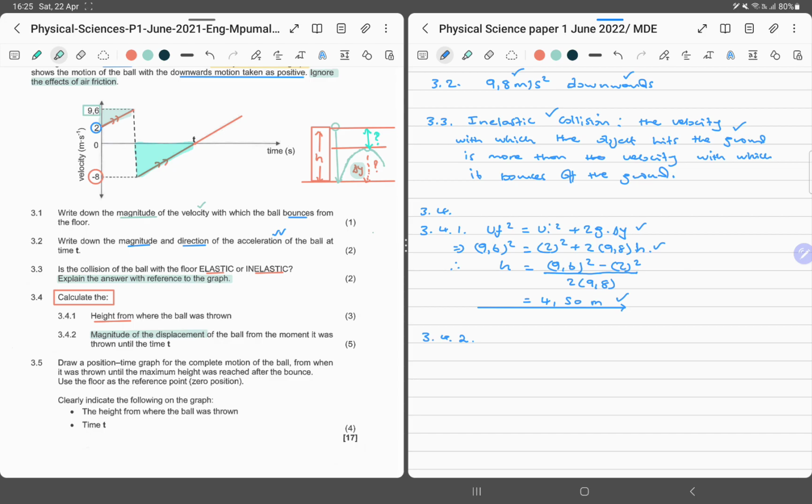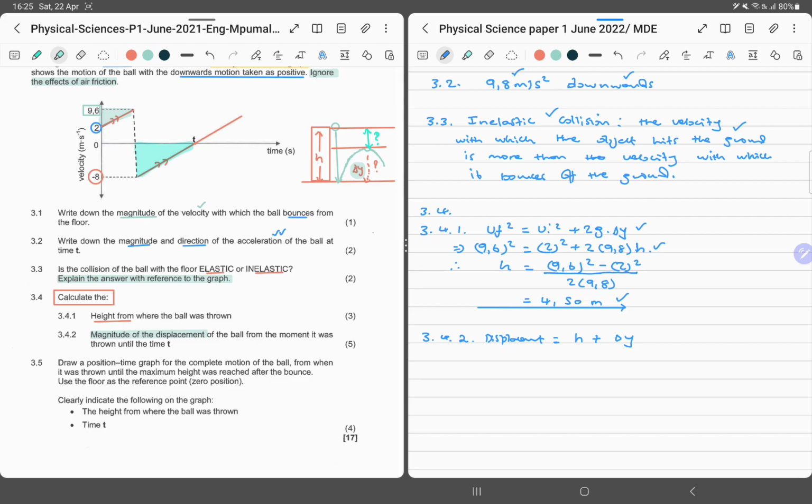Anyway, let's just say the displacement here is going to be equal to that height h plus delta y. Remember, vectors are additive, but depending on their directions it becomes a bit of a situation.